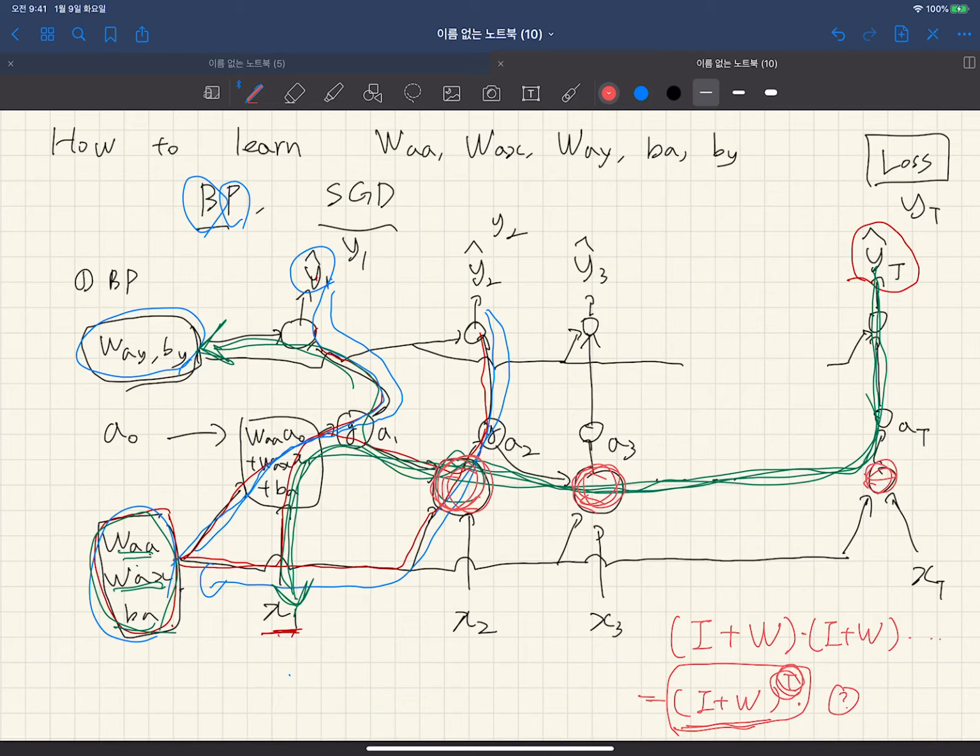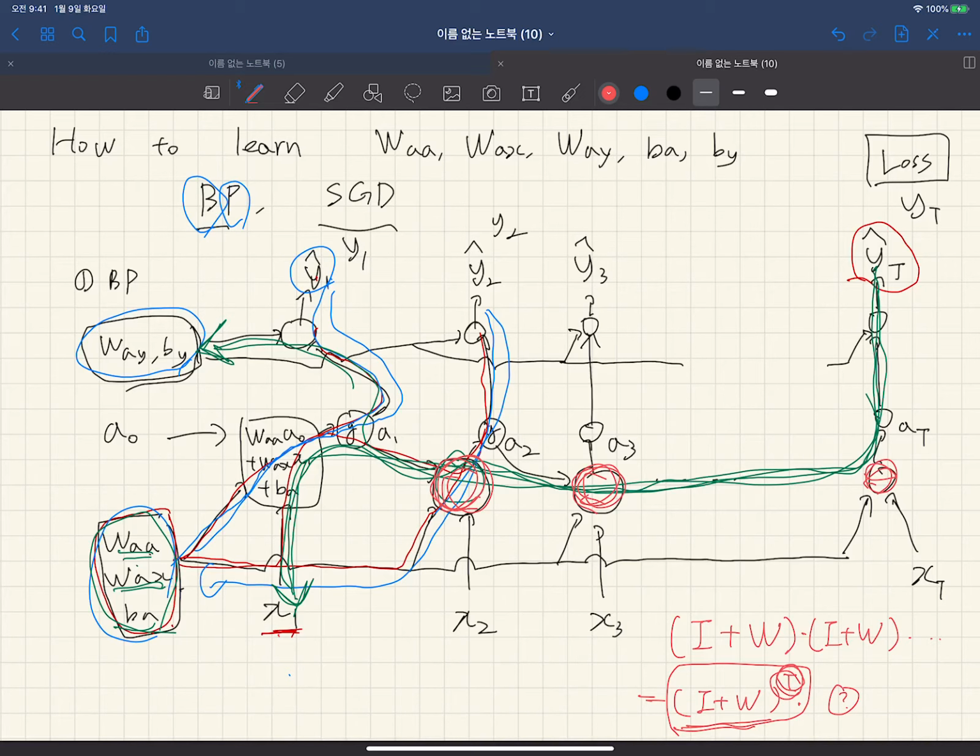Okay? And why is this very, very important? Since the W matrix is the same, and if W is not a zero matrix, the norm of I plus W either grows to infinity very fast or decreases to zero very fast.